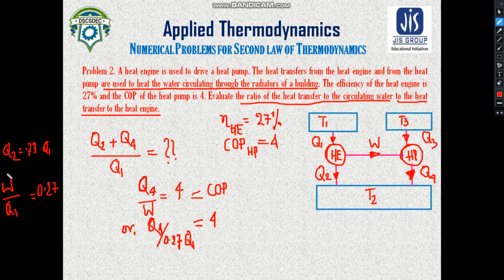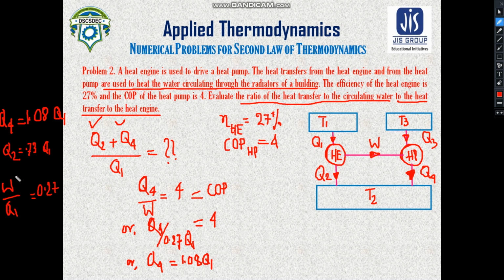That means what we are trying to do? We are trying to express this term and this term in terms of Q1 so that the ratio can be calculated very easily. Now this Q4 becomes 1.08 Q1.